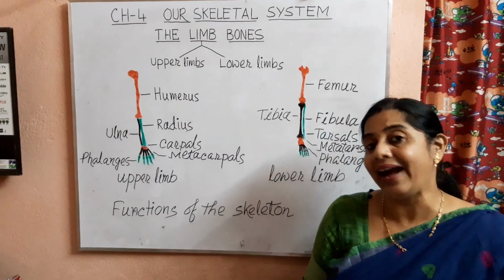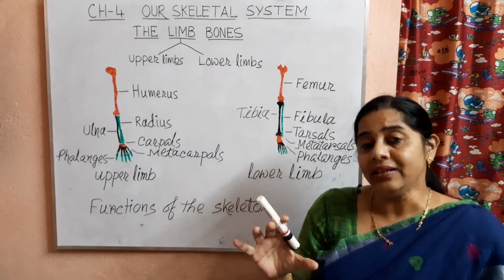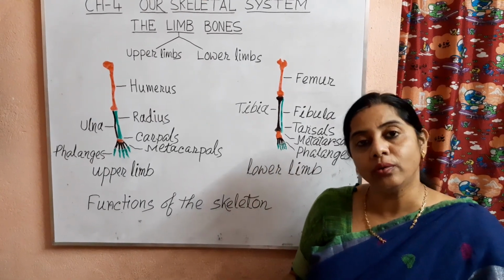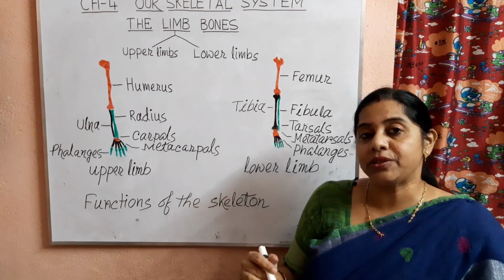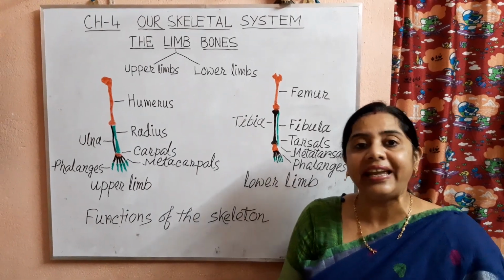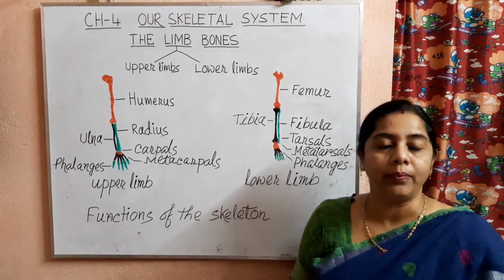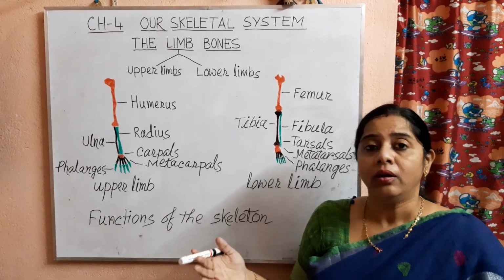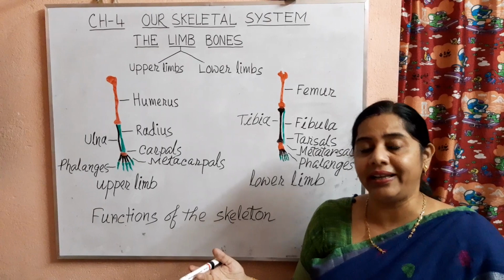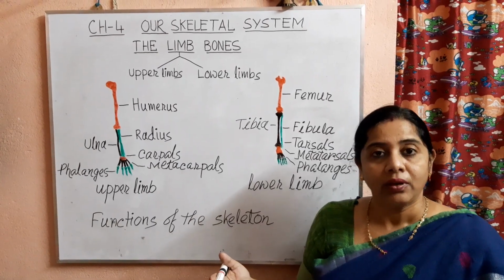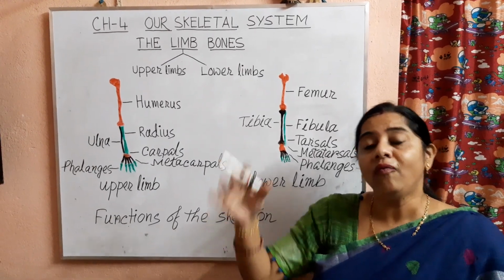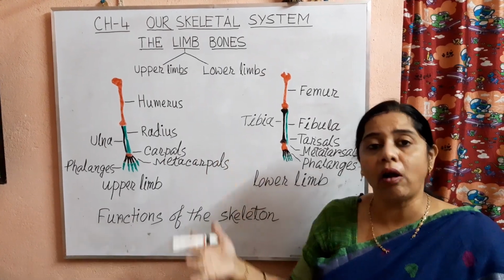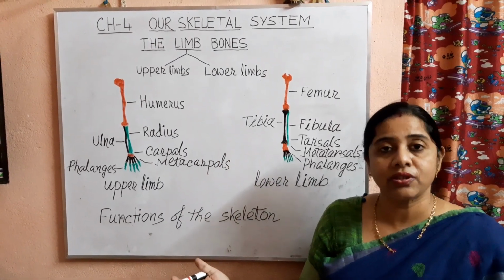As you learned, the skeleton gives the framework of our body. Understood? It gives a definite shape and size to our body. Without bones, there is no shape and size of our body. We can't recognize each other. The shape of the bodies would be the same, either round in shape or other shapes.